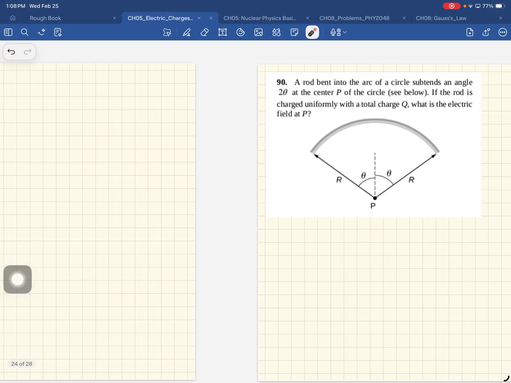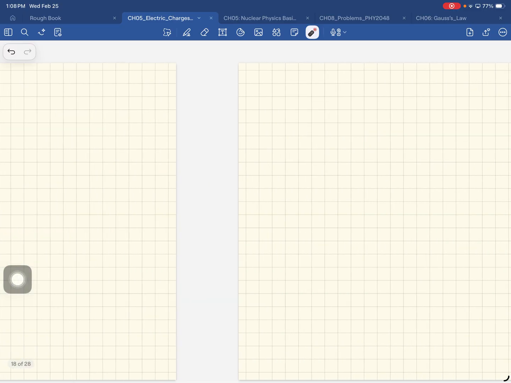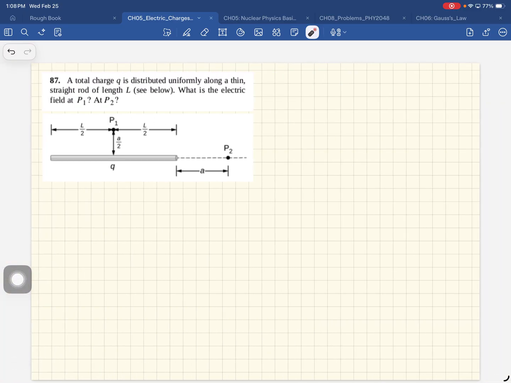The charge due to this piece is dq. This charge is producing an electric field at that point, and we'll say that electric field dE is k dq, the charge, divided by r squared. R is this distance.